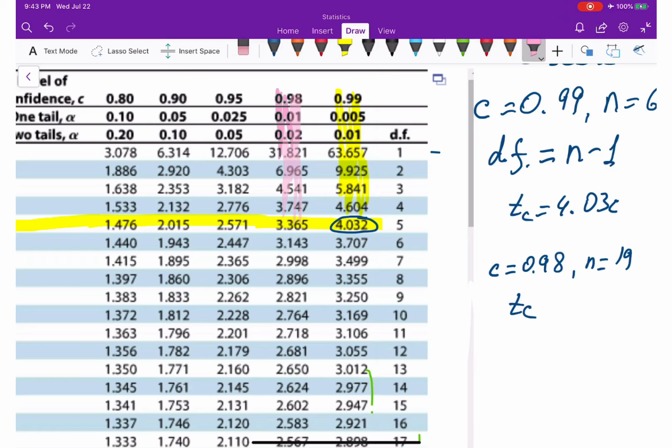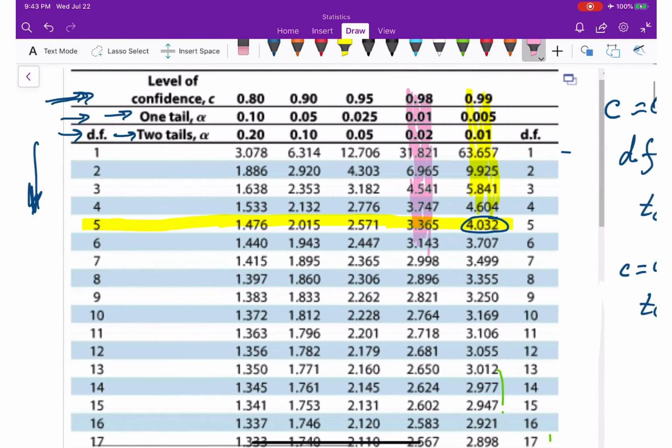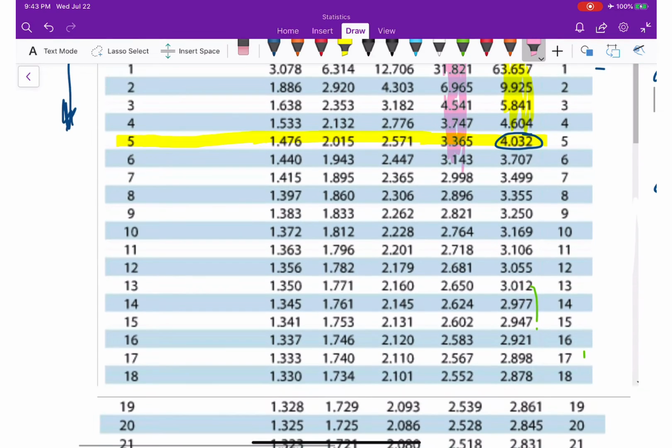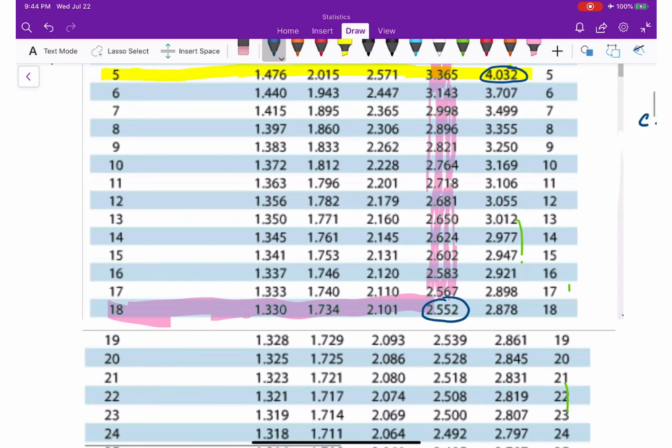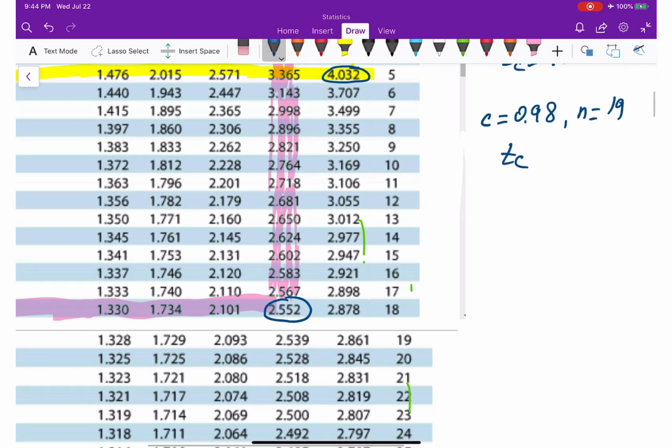And we're going down till degree of freedom equals 18, because n is 19, so degree of freedom will be n minus 1, which is going to be 18. Here it is. So T critical is going to be 2.552.